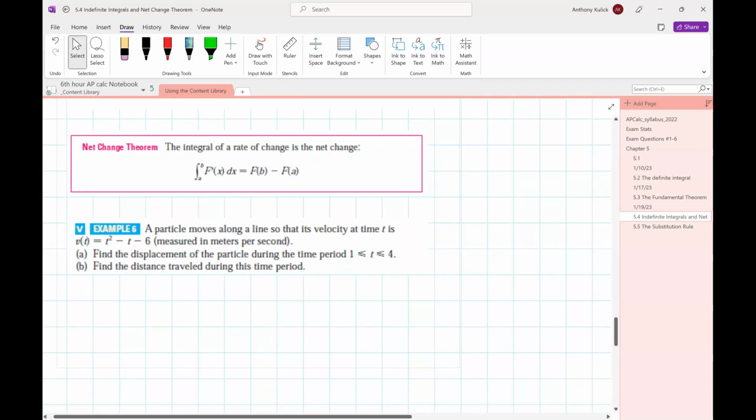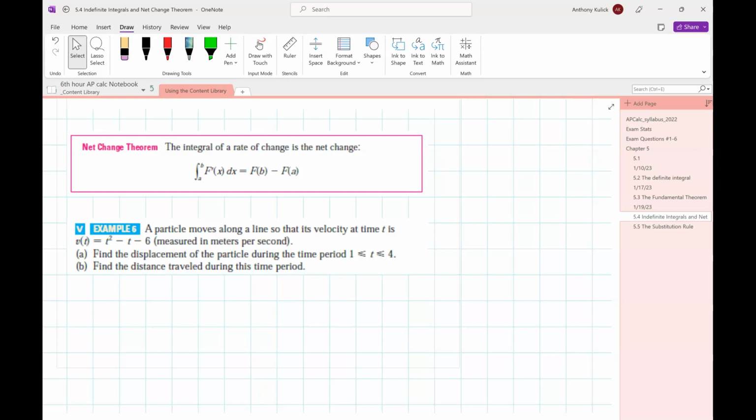So the way the text refers to this, instead of accumulation, they talk about net change. So the net change in distance is the same thing as displacement. The net change in volume would just be an accumulation of volume, right?